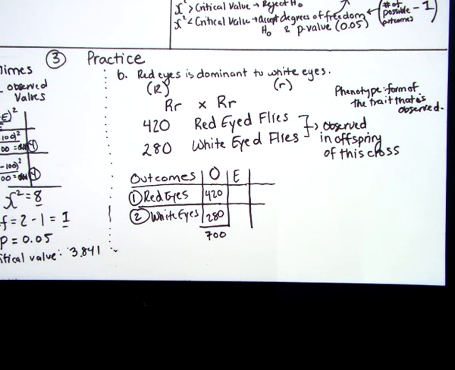How do I find my expected value? So it will be 350, 350. Talk to your table real quick. What would you do to find the expected values?